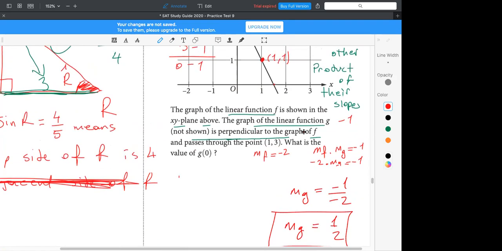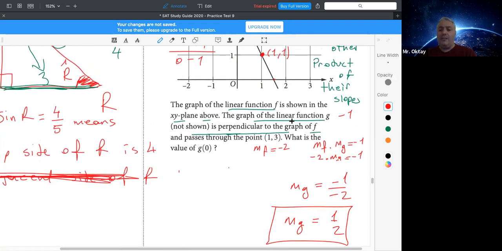Now, it says that the graph of g is perpendicular to the graph of f and passes through 1, 3. Be careful.